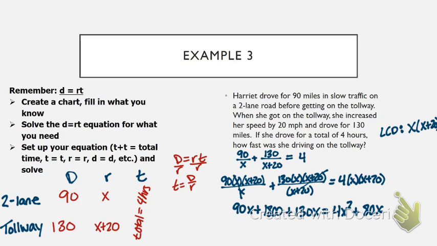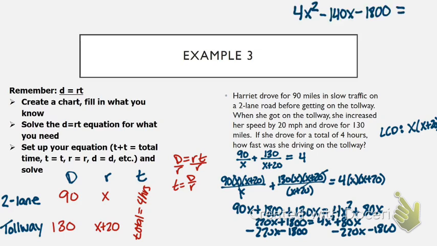So now we have to combine like terms. So we've got 220x plus 1800 equals 4x squared plus 80x. We've got to move this stuff over. I've run out of room, so I've got to go to the top.